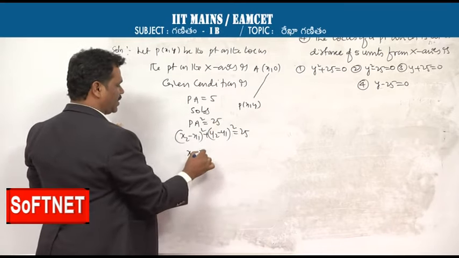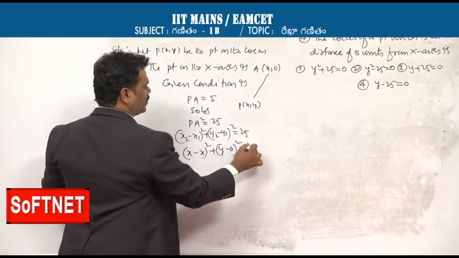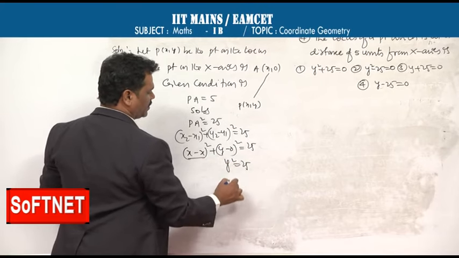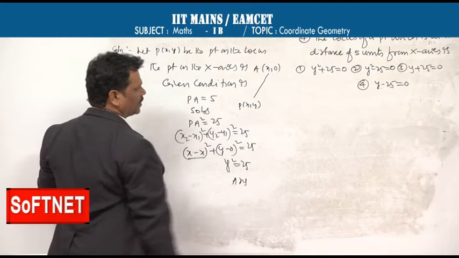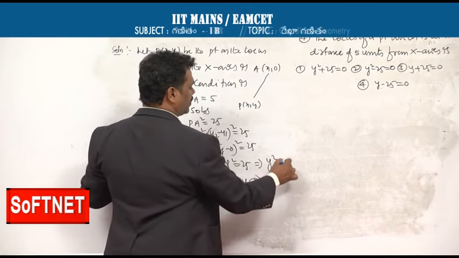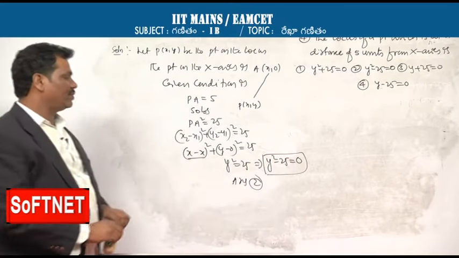So here x minus x whole square plus y minus 0 whole square equal to 25. It is 0. So here y square equal to 25. So your answer is 2. It is nothing but y square minus 25 equal to 0.